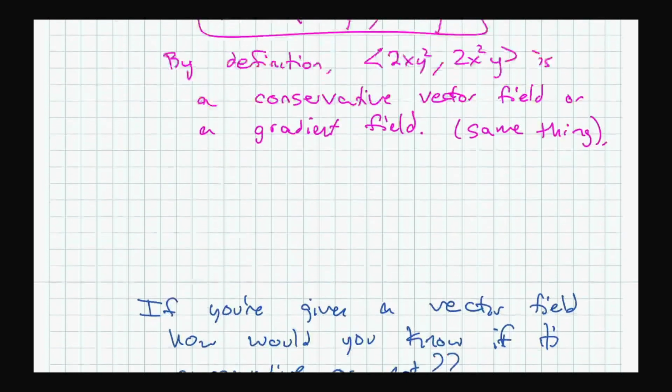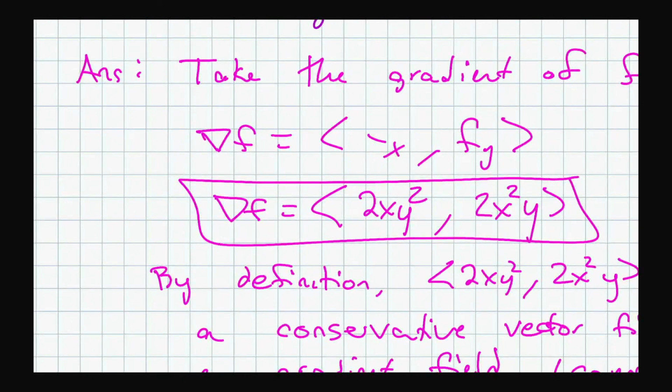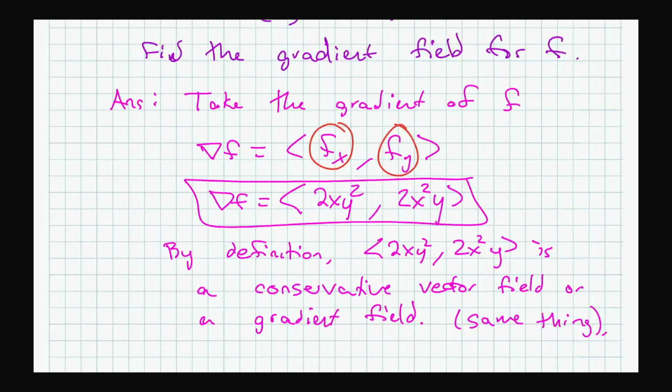And so if you think about it, when you take a gradient, this is fx and this is fy. So what if you take this and do d/dx, and do this and do d/dy?